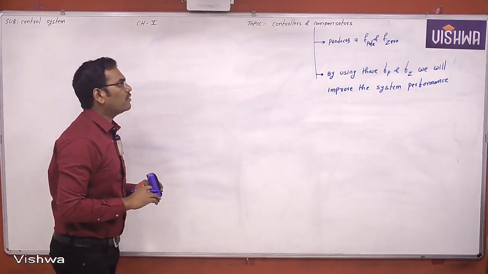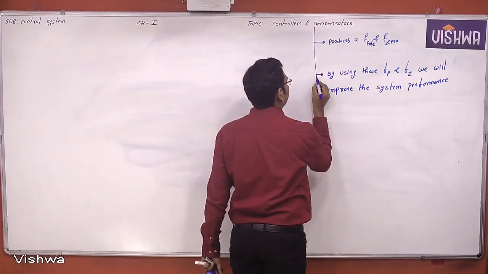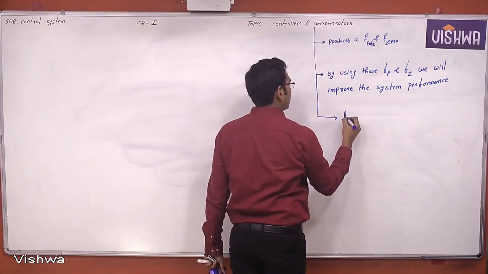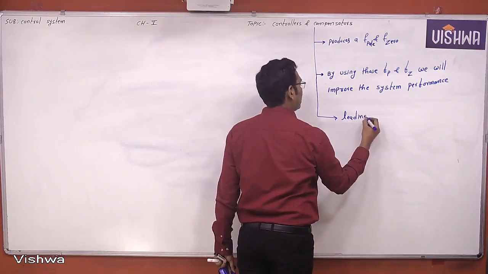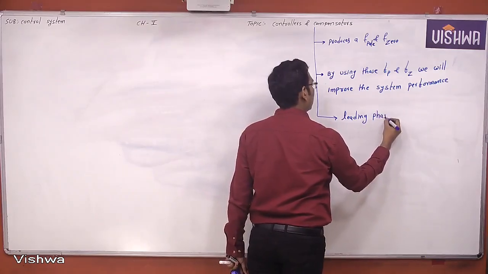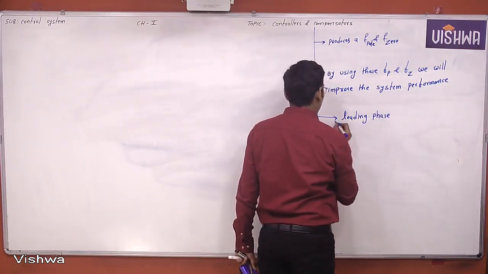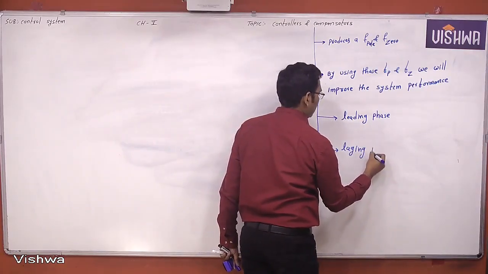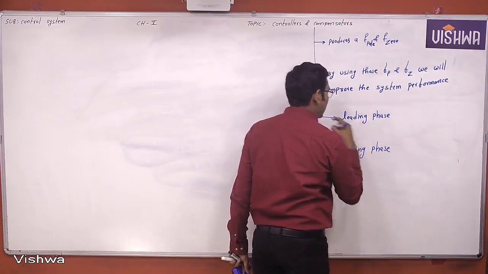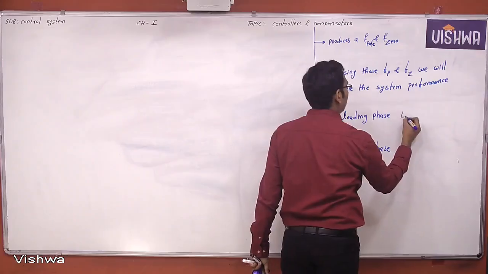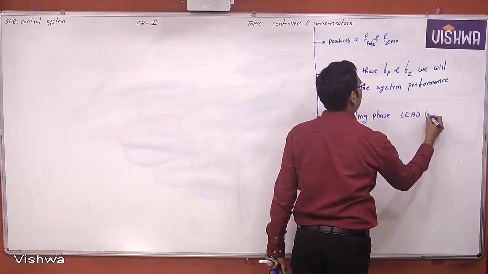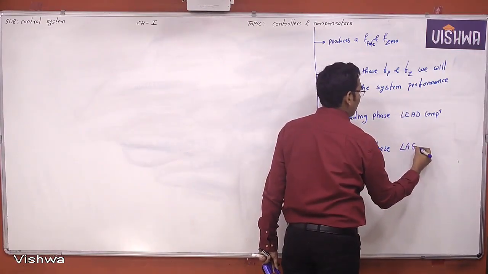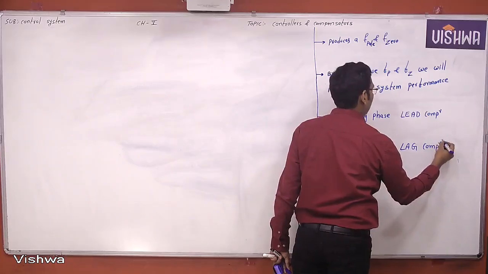So we want to identify here, if this compensator produces a leading phase, then this is called a lead compensator. If this compensator produces a lagging phase, then that is called a lag compensator.